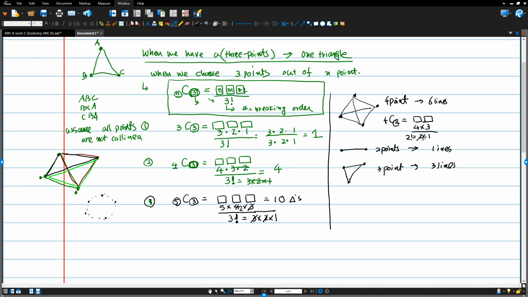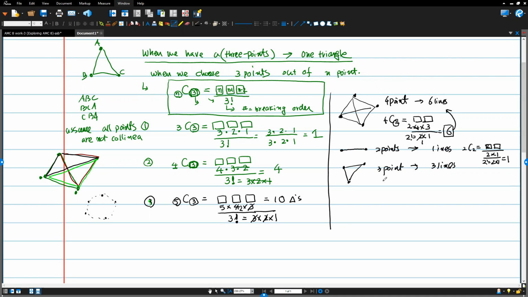So cancel out. This is 1. This is 2. 2 times 3 is 6. That's the number of lines. Take 2 points, 2 combination 2, which is 2 times 1 over 2 factorial, still 2 times 1. Same number. That's why we got the 1 line over here.